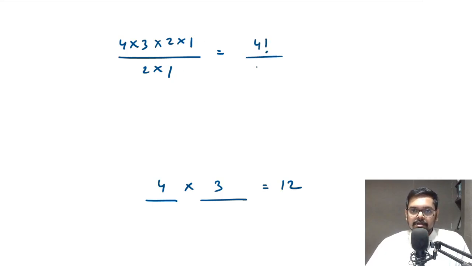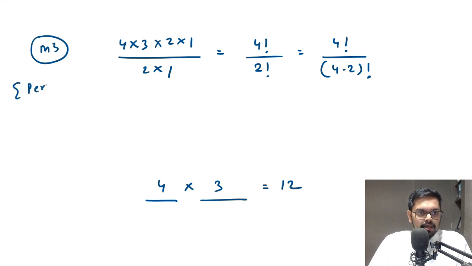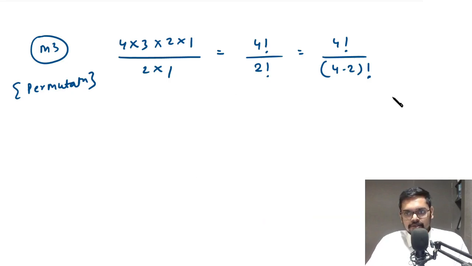The denominator is what? 2 factorial, which can be written in this way also. 4 factorial divided by 2 factorial is nothing but 4 minus 2 factorial. Yes or no? If that is the scenario, then this is nothing but your method 3, which is the permutation formula, permutation concept. Okay. Now, I just did the reverse engineering format, but let me give you the official definition.